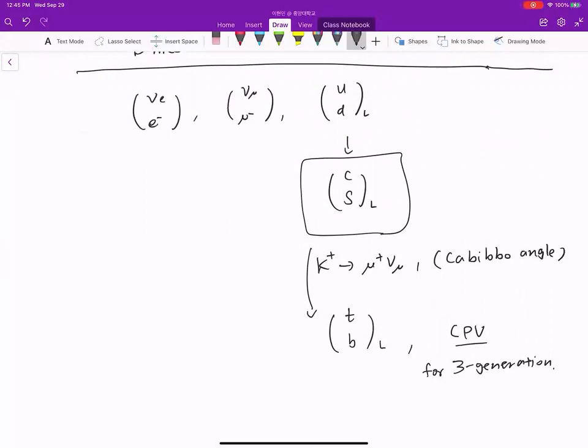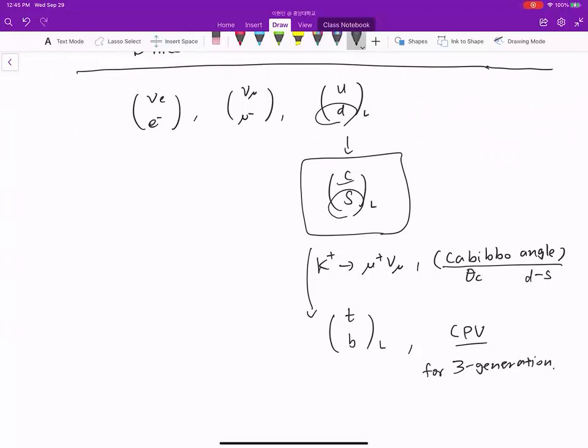So flavor mixing is very important in the history of particle physics. And also the GIM mechanism: the Cabibbo angle has to do with the mixing between down and strange. So this is a mixing between down and strange.